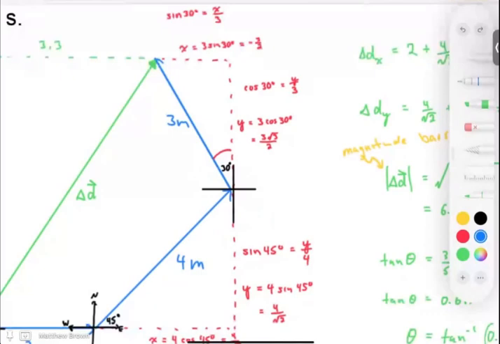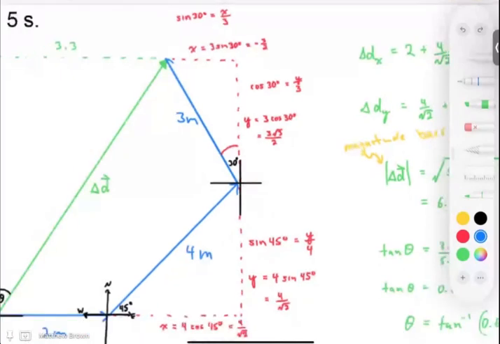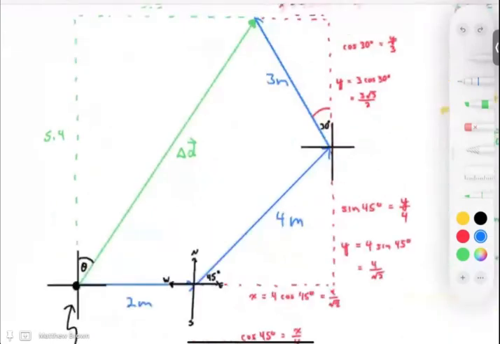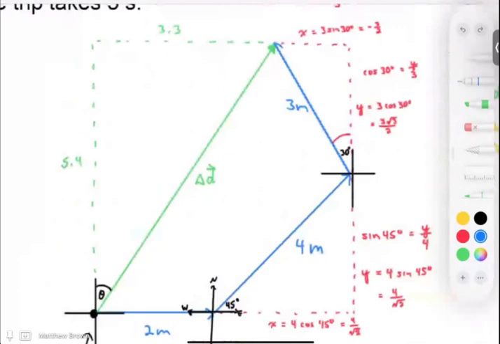So those are the three blue vectors that I have here. I've drawn in green the total displacement. Your total displacement says start down here where you actually start and stop up here where your final position is. That's what that's going to be.